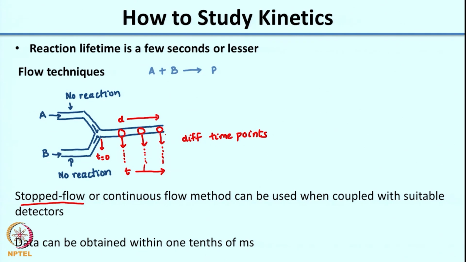And now this is commercially available. You can even buy what is called a stopped flow kit and attach it to an instrument such as a fluorescence instrument to study how a reaction progresses. This will give you information about reactions that happen very quickly, and the data can be obtained within 1/10 of a millisecond.